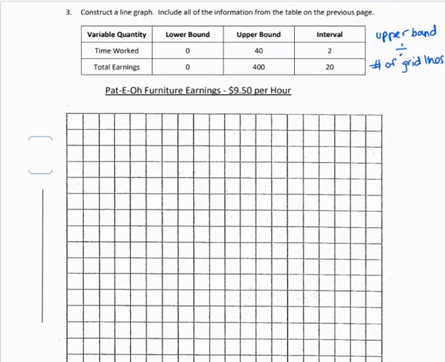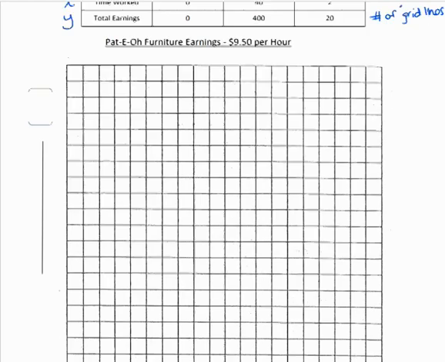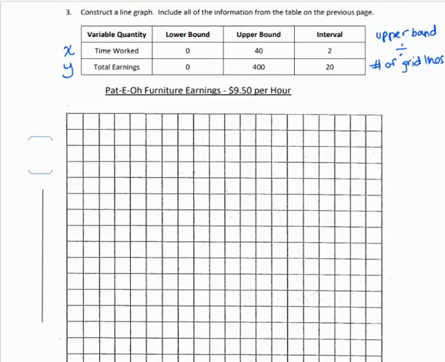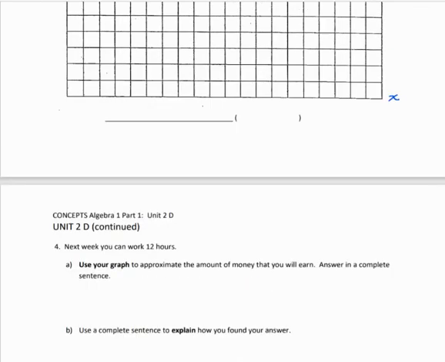Because let's go back here, folks, to number 3, where it says time worked. That's my X variable. And total earnings is my what variable? Y, good. So remember, the X-axis is what is going on the bottom, left or right.